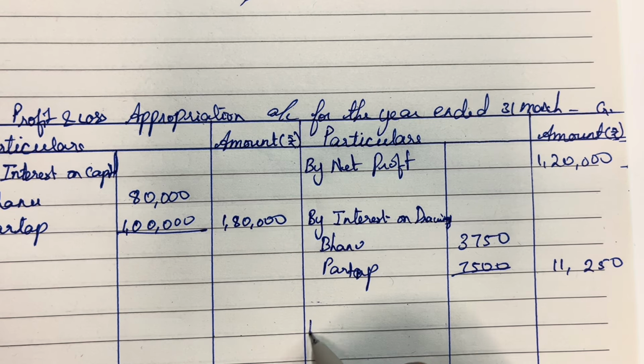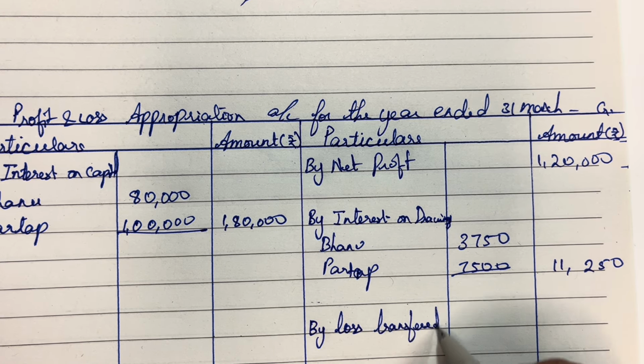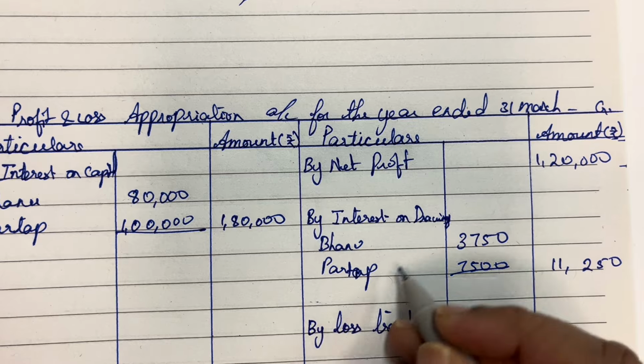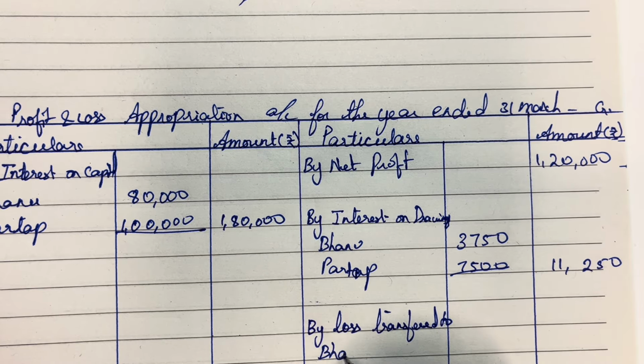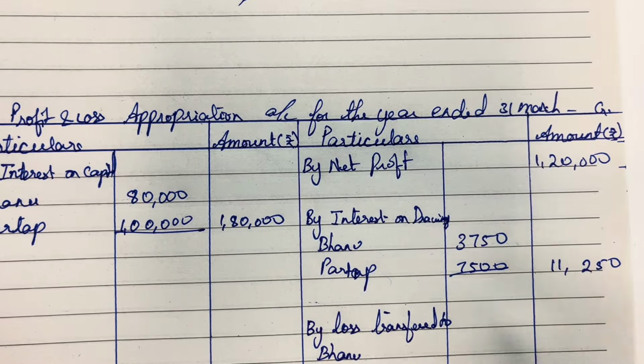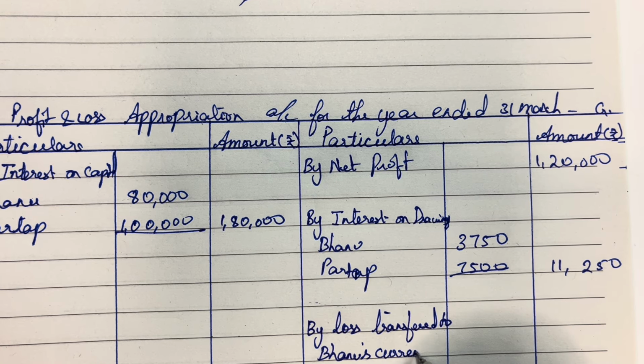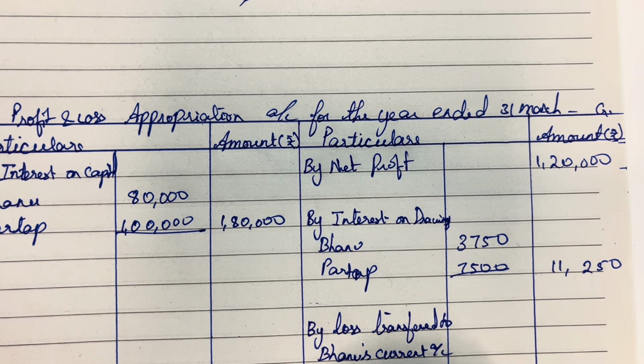So we'll write by loss transferred to the two partners' names. Now since the capitals are fixed, this loss will be transferred to the partners' current accounts. Bhanu's current account and the other one is Pratap's current account.